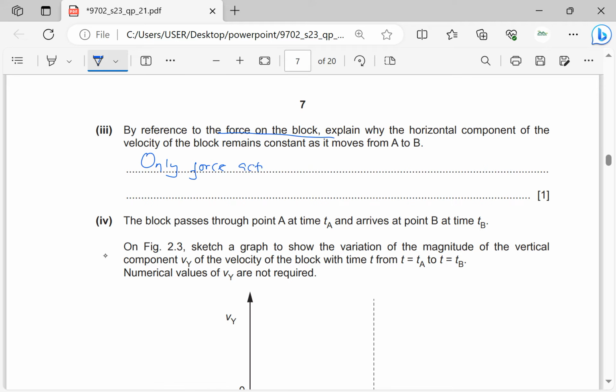acting is the gravitational force, or the weight, which only acts in the vertical.